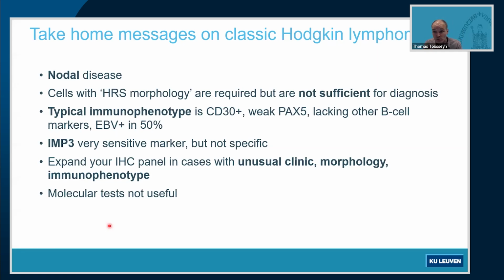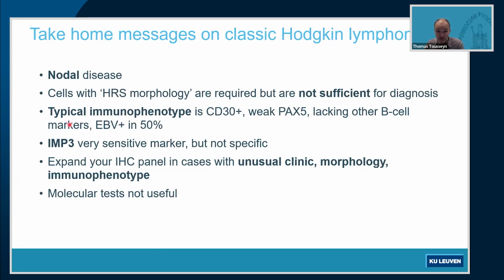What I want you to remember from this talk is that Hodgkin is a nodal disease, very important, and that it's not sufficient to have Reed-Sternberg cells, but of course they are required, you need them. It's not enough to have some intermediate sized CD30 positive cells. You really need Hodgkin Reed-Sternberg morphology. The typical immunophenotype is CD30, weak PAX5, no other B cell markers, and EBV in half of the cases.